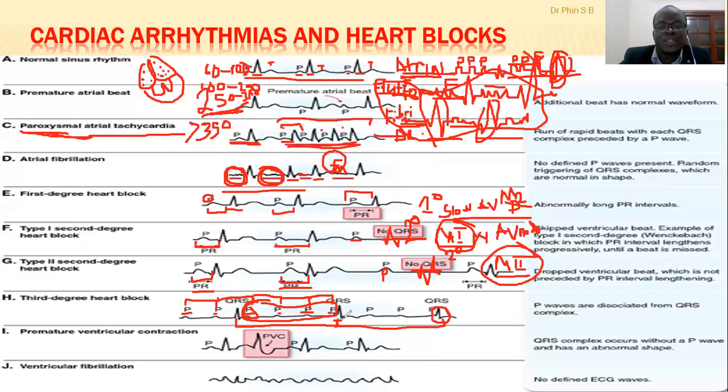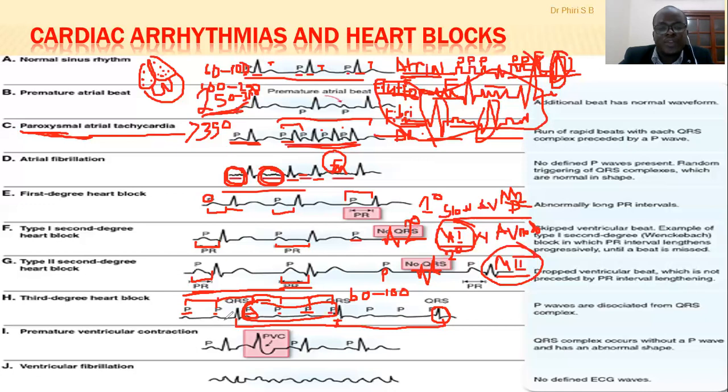But you need to know that in as much as the atria are contracting on their own and the ventricles are contracting on their own, for the P wave you're going to have a normal sinus rhythm. So you're going to have 60 to 100 P waves on the ECG when you calculate the heart rate.